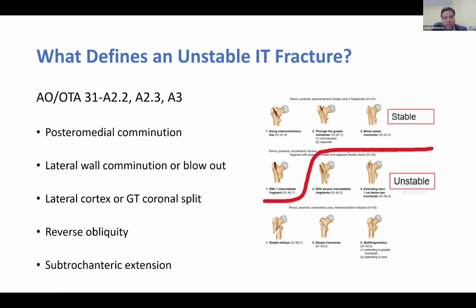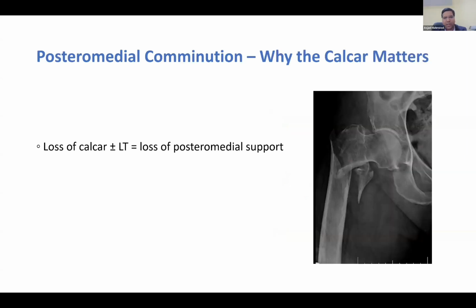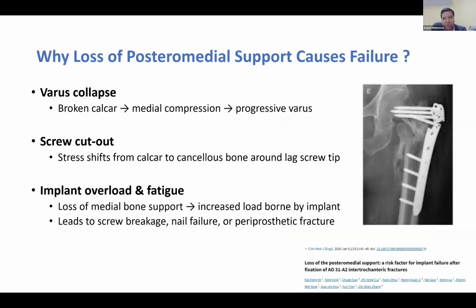Apart from the AO classification, these are the fractures which you classify as unstable: posteromedial combination, lateral wall combination or blowout, lateral cortex or GT coronal split, reverse obliquity, and subtrochanteric extension. Why does the calcar matter? Because loss of calcar plus or minus LT fragment leads to loss of support of the posteromedial fragment, which can cause failure.